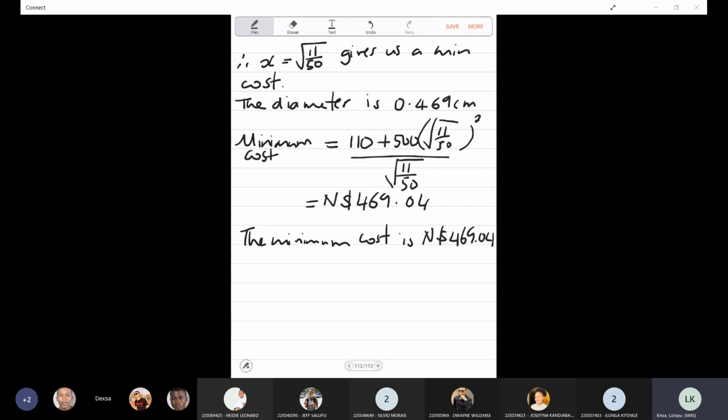And number 3, we are told that the total area of a sheet of paper is 20 centimeters squared.